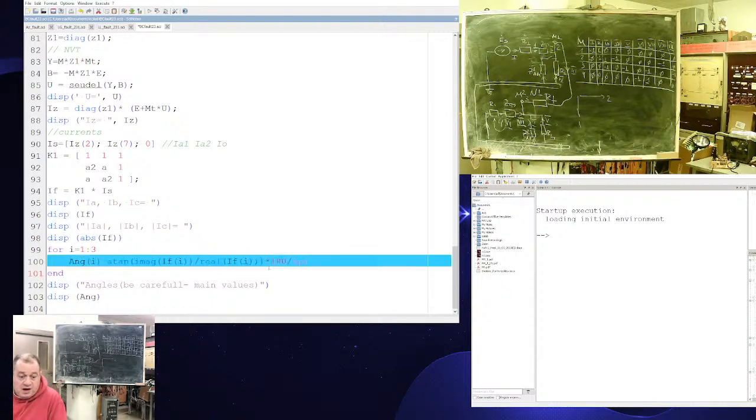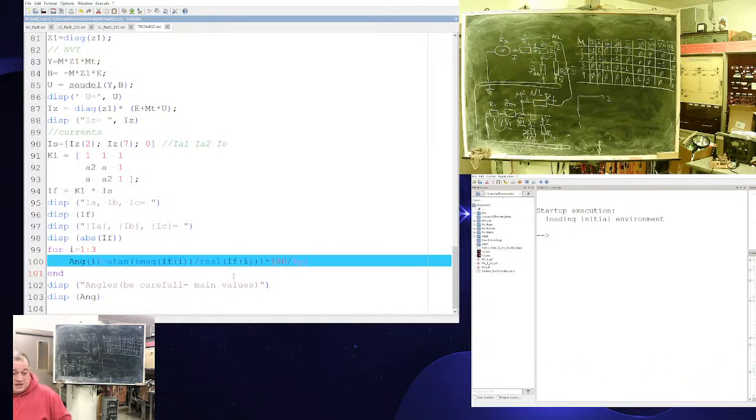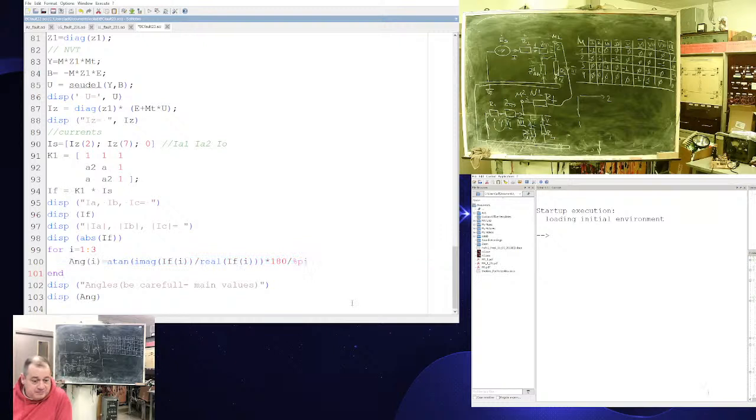In this part, I'm taking angles, but usage of arctangent here should be done with precaution, because arctangent in MATLAB returns the so-called main value. For vectors like a square, and so on, it's a bit tricky.